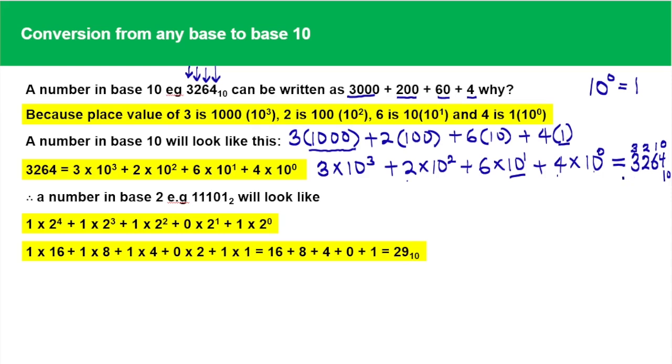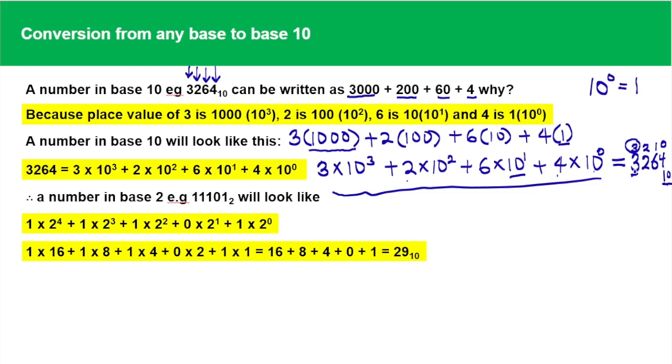So this means that to move from the right to the left, we take each digit multiplied by the base raised to the power assigned to that digit. I take that again. To move from the right hand side to the left hand side, we use each digit that makes up the number to multiply the base raised to the power assigned to the digit.